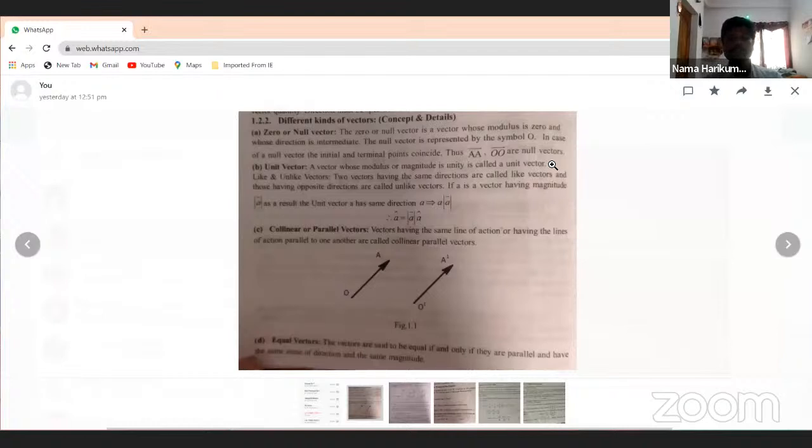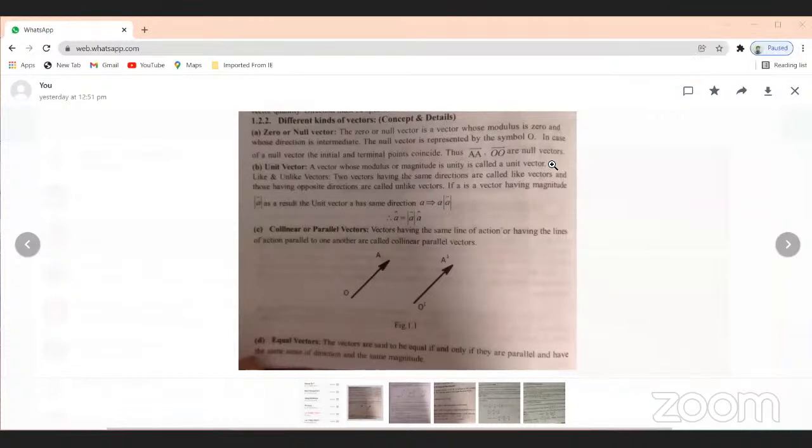That means the propagation and physical appearance of the vectors are all equal, and the direction is also equal.